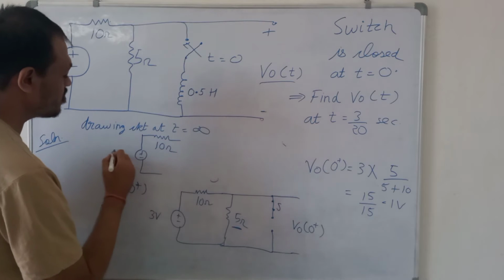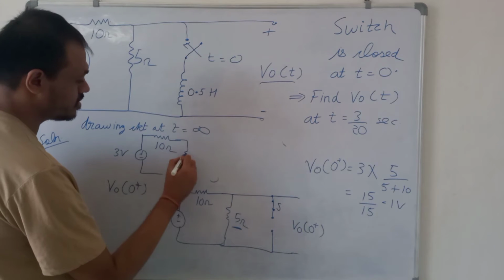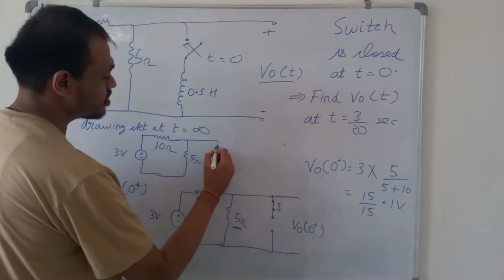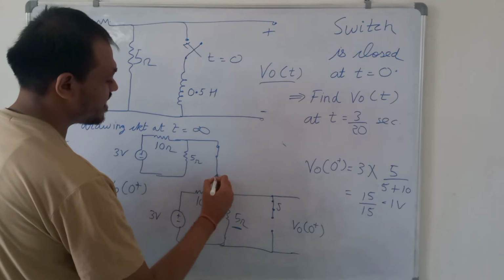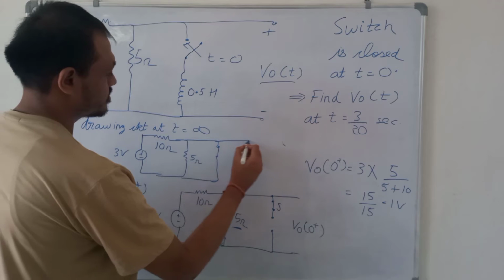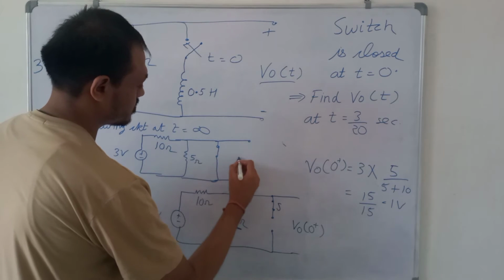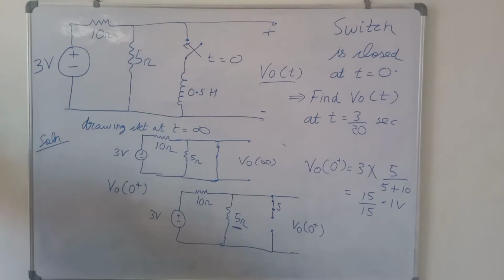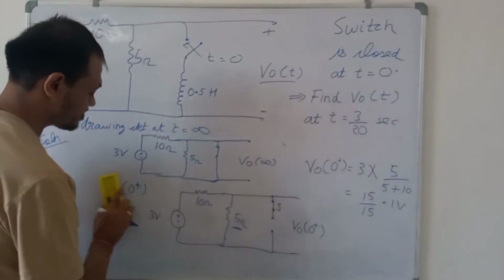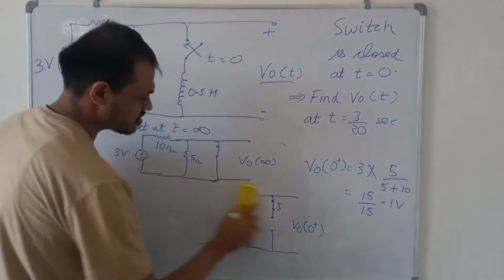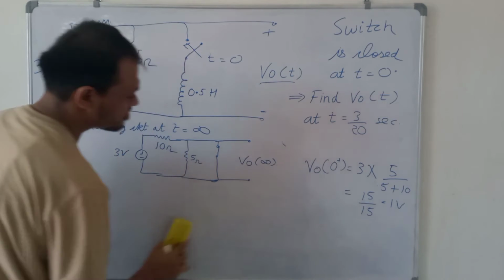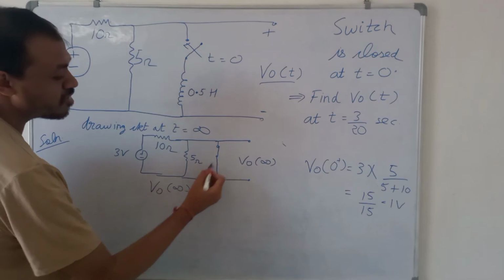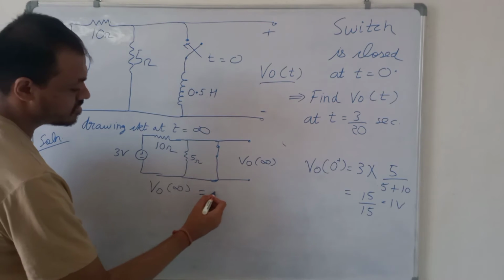So this is 10 ohm, this is 3 volt, this is 5 ohm. So the output voltage at t equal to infinity will be 0 volt, because this is a short circuit.